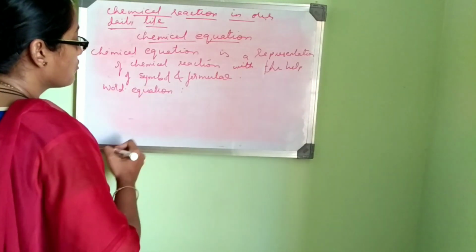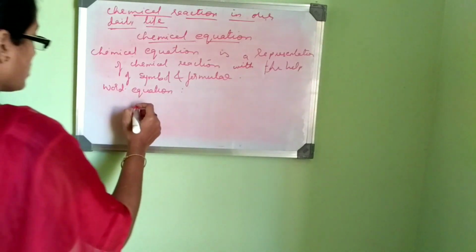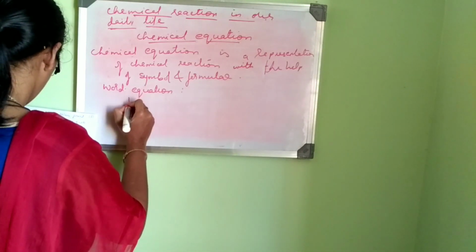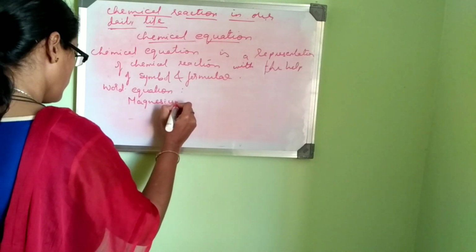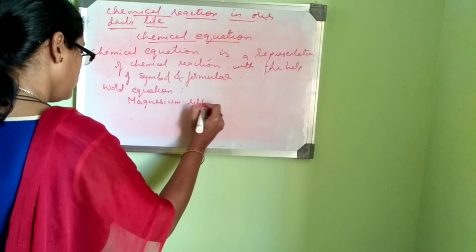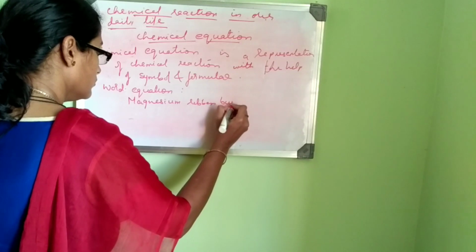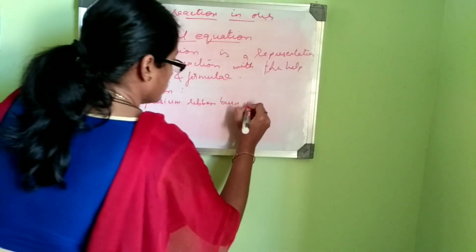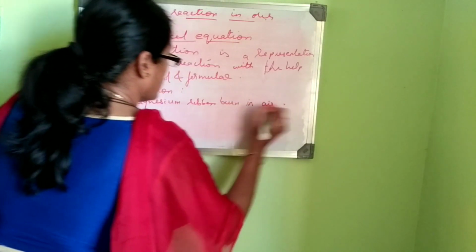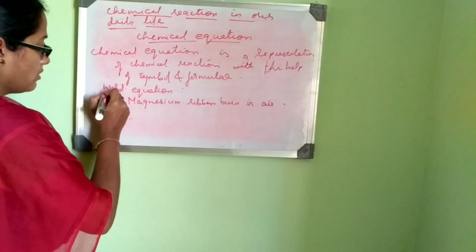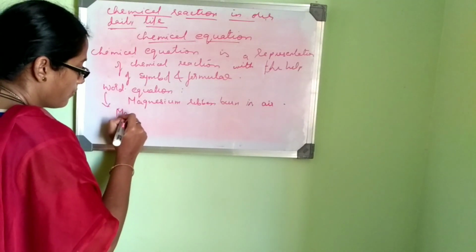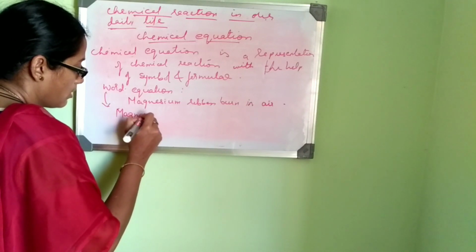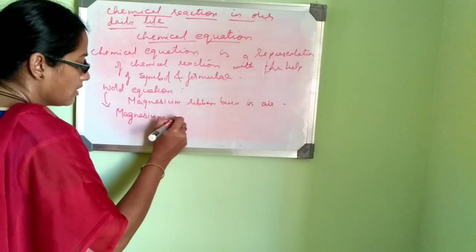Before writing the word equation, we will see that magnesium ribbon is burnt in air. So here we need to write the word equation. Magnesium is the metal.